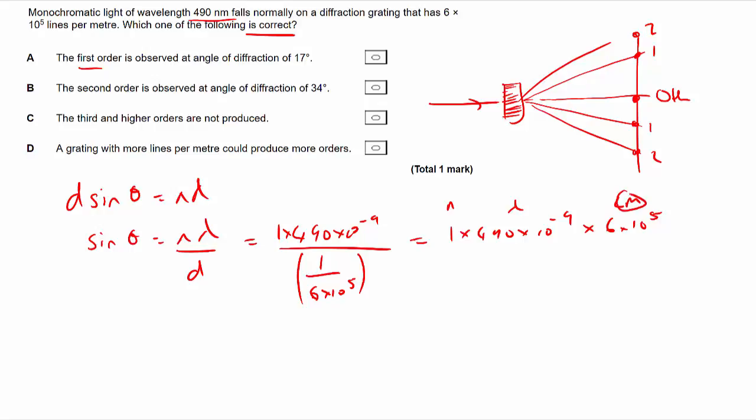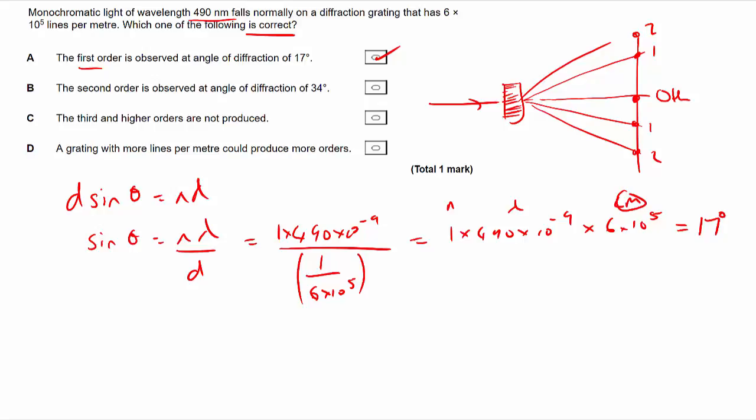If I calculate that, it will equal sin theta. If I then do shift inverse sine of the value, I'll get an answer. For the first order, I get 17 degrees. So immediately I could just say, bang, this one is correct. That's what it's asking for, and that is in fact the correct answer.